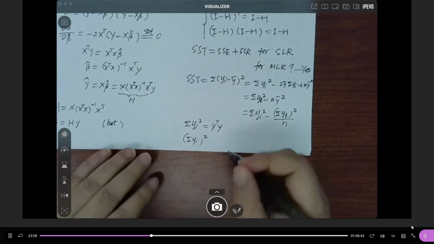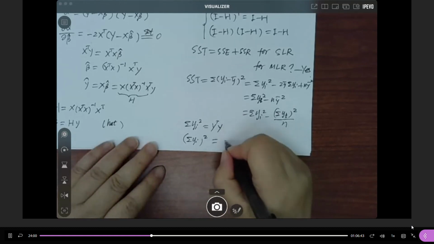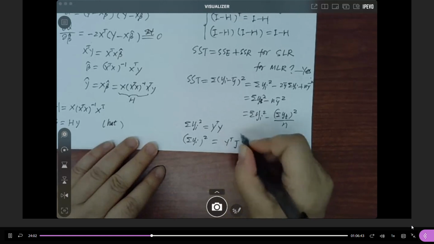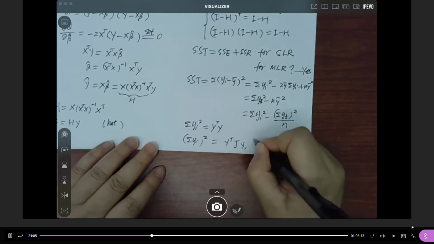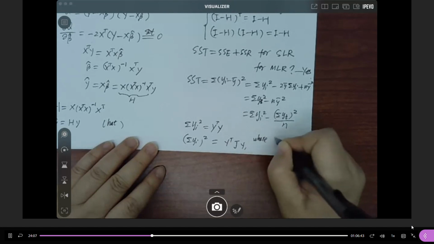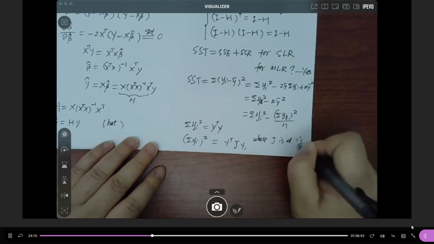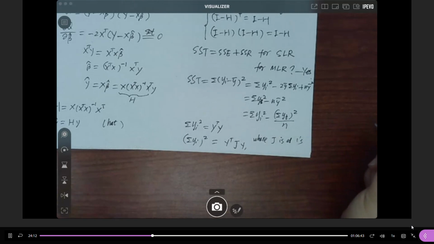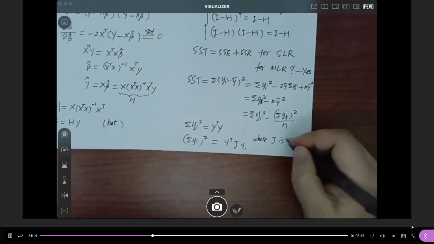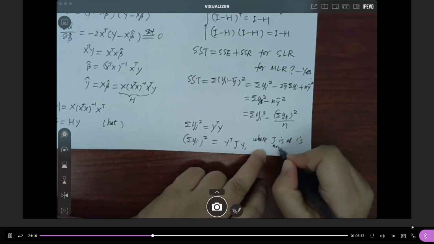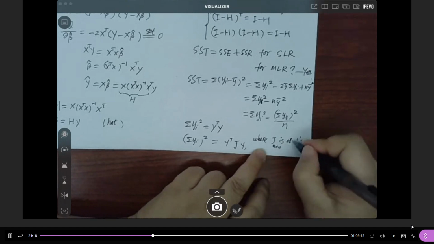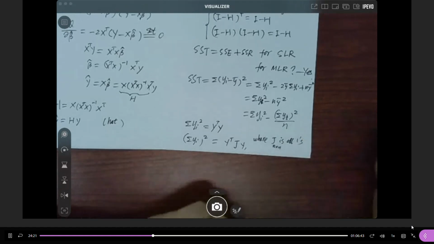So this one is equal to y transpose multiplied by a matrix J, times y, where J is all ones. Okay? J is a matrix that contains all ones. So the dimension of J is n by n. Got it?